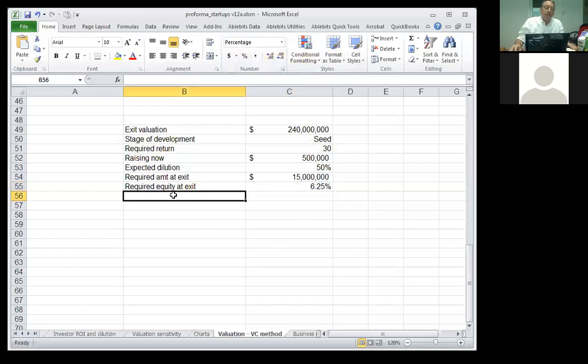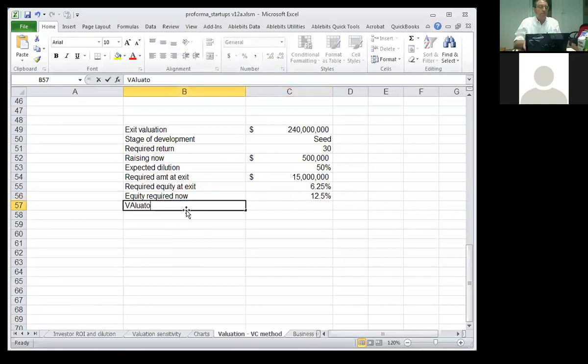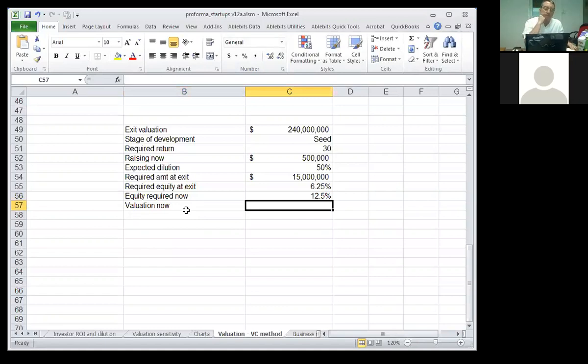And if I'm going to be diluted by 50%, how much do I need now? 6.25 divided by 0.5. Okay, so I need 12.5% now, and therefore the valuation now is what?